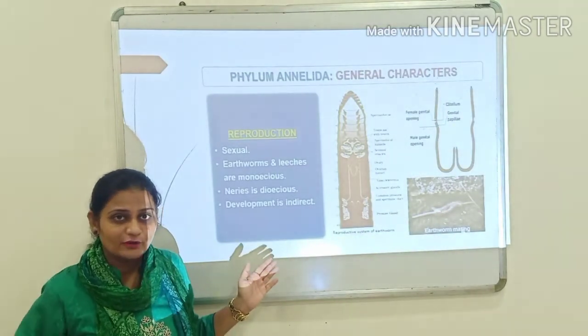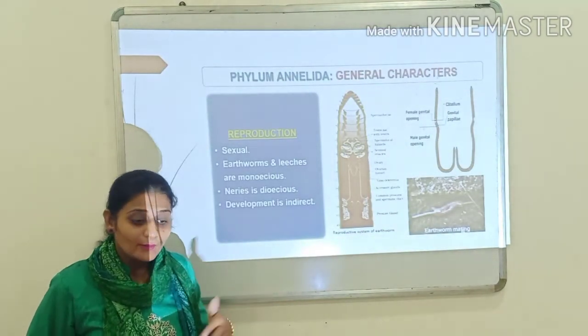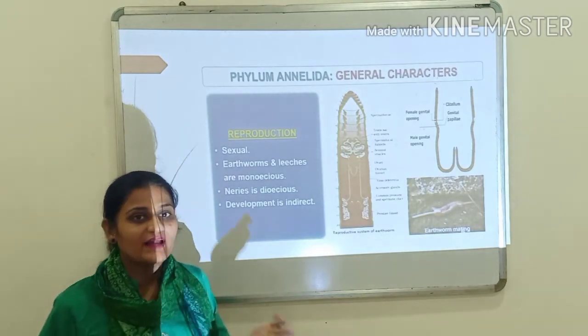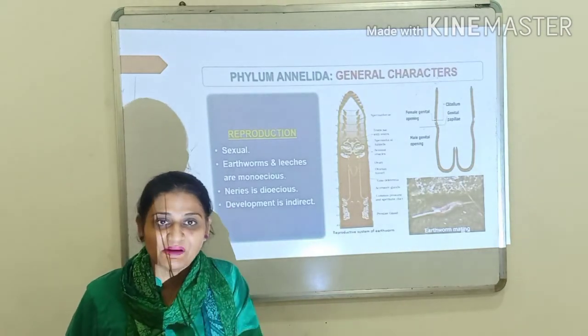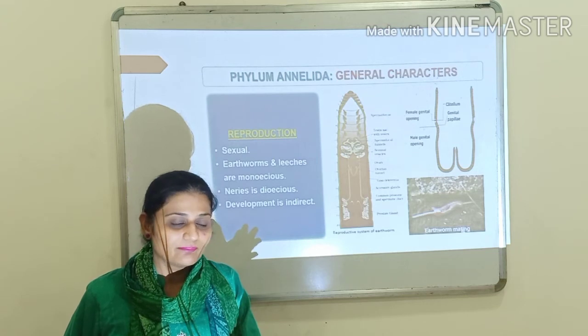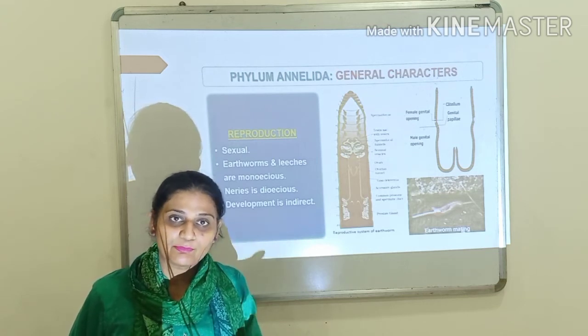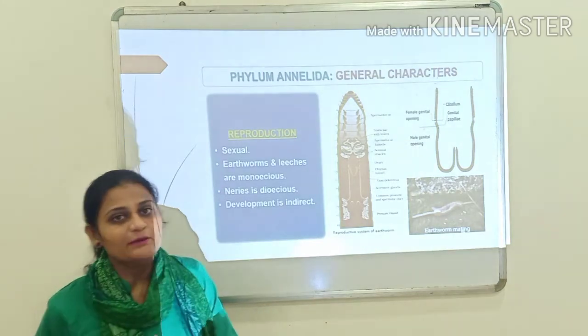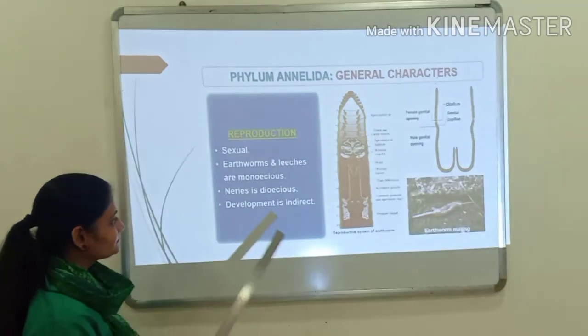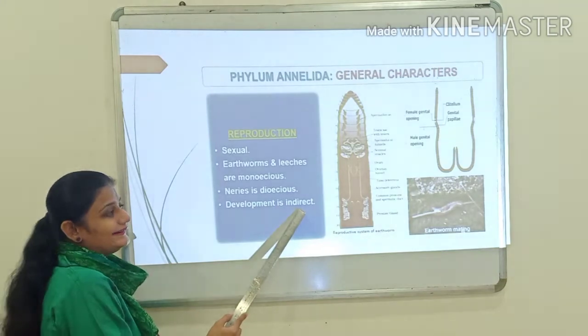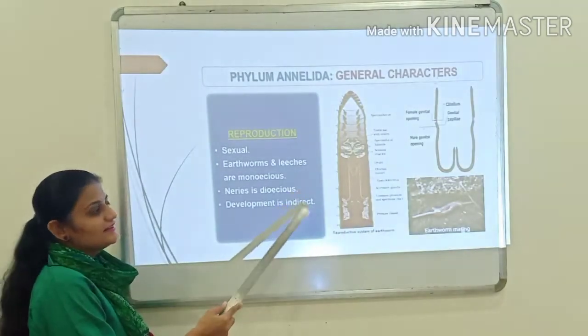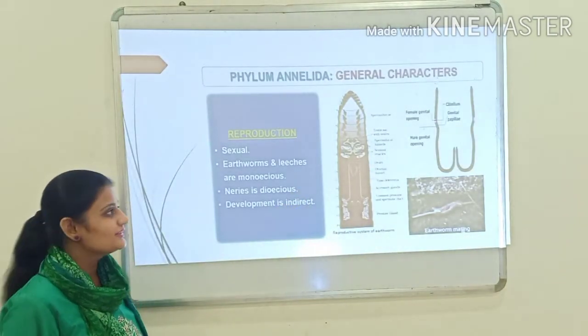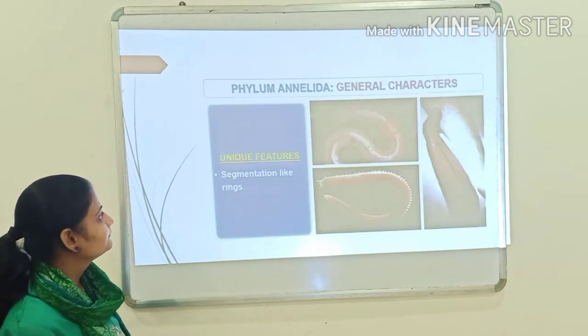We have already learned in phylum Aschelminths, both the sexes are separate, male and female individuals are separate. In the male organism, the male reproductive system is present, and in the female organism, the female reproductive system is present. And development is indirect. That means the larval stage is produced in their life cycle.